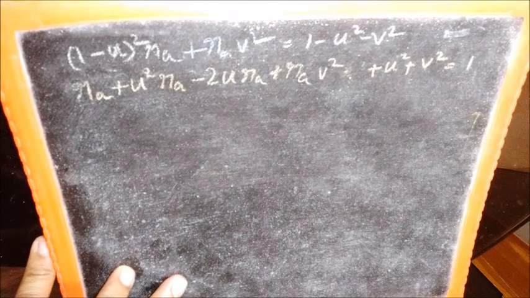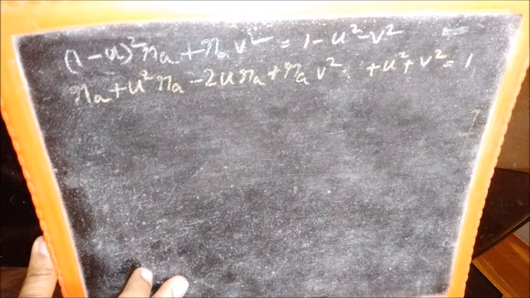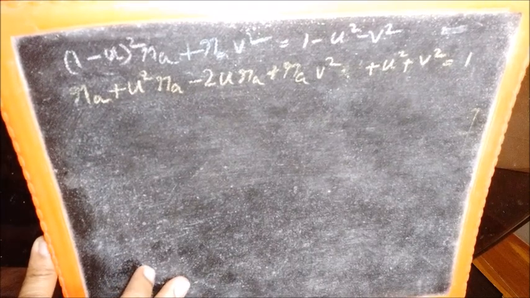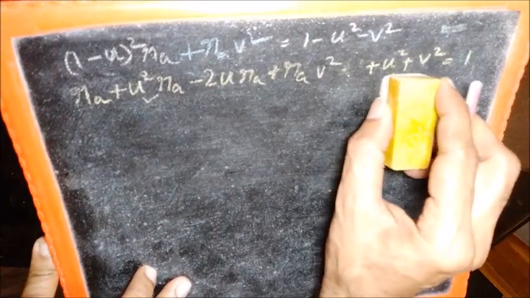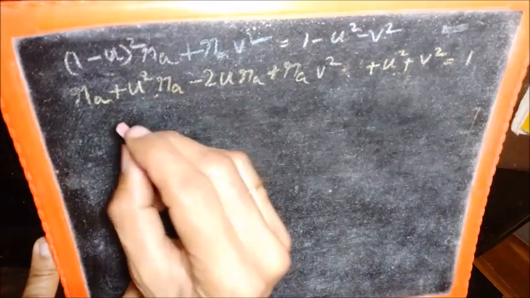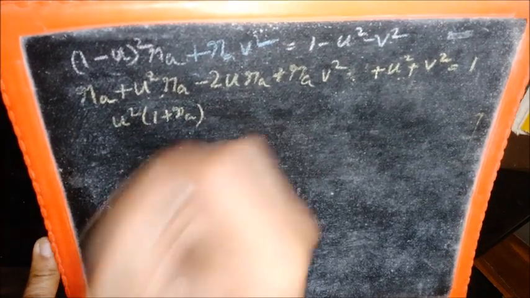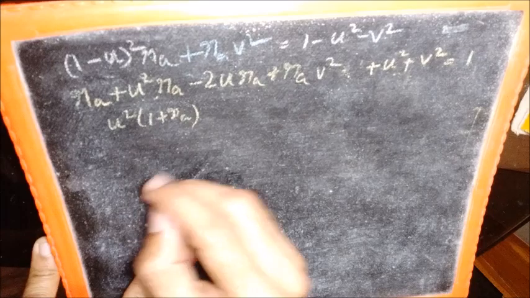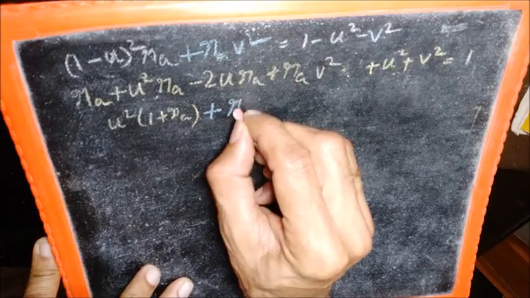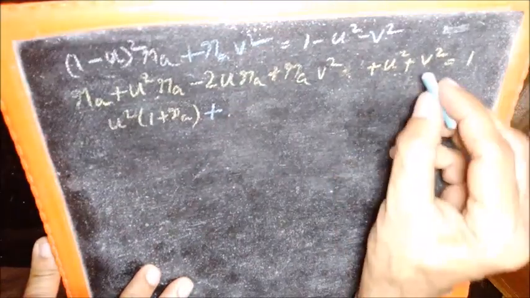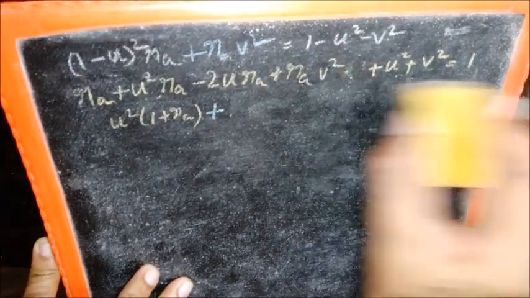So what we do now is we will combine the u square terms first. There is one here and there is one here. So I can combine these two and write u square into 1 plus RA. And then I have v square. We have v square and v square RA, so we can combine those two similarly.